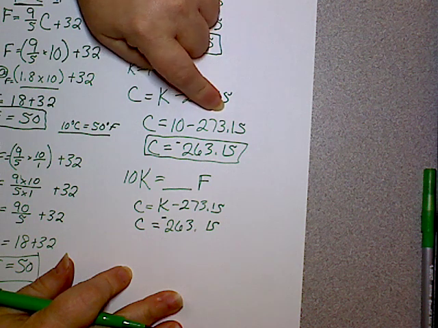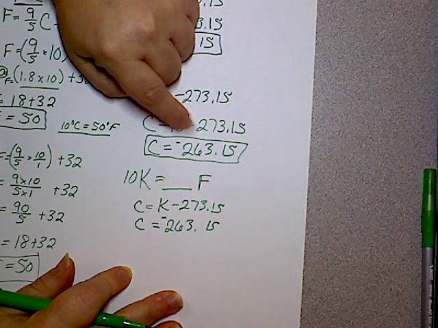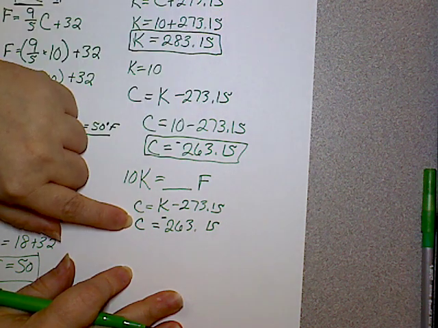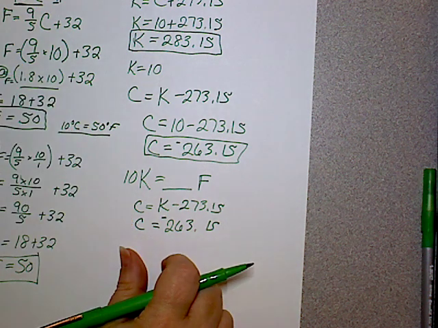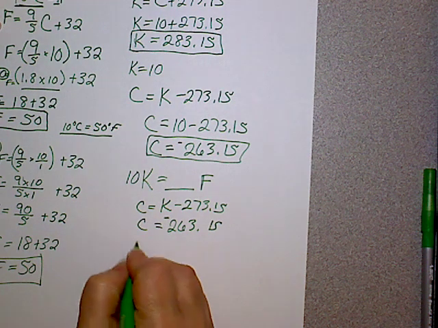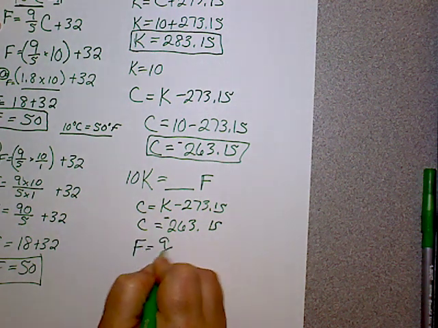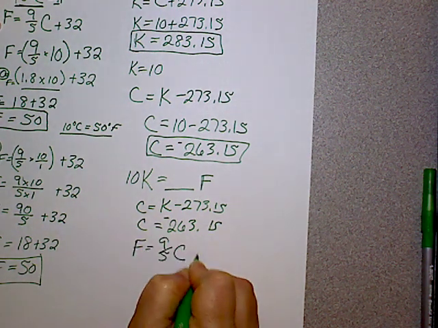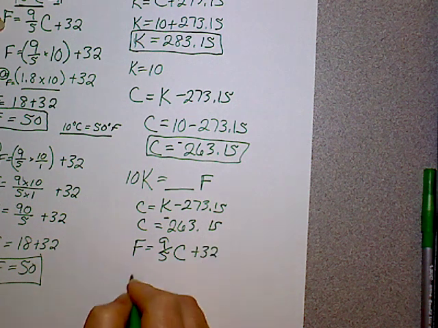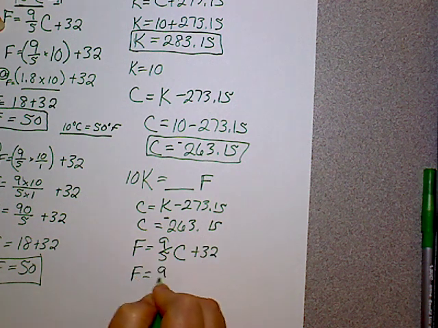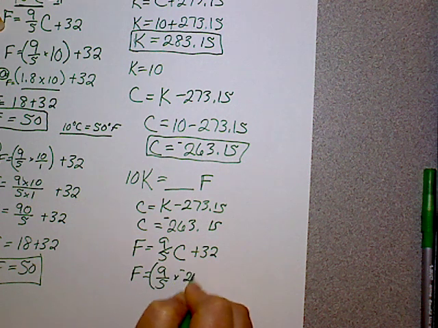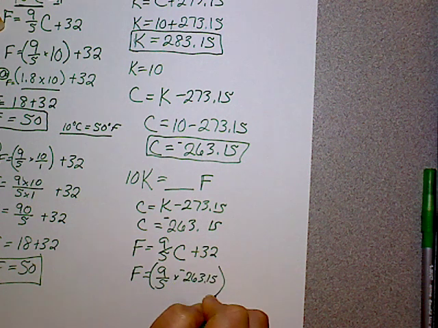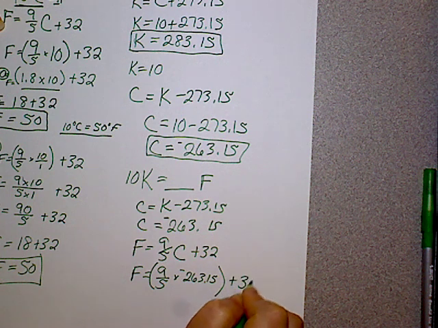Negative 273 plus 10 is negative 263. So we know that C equals negative 263.15. So now we have to do our Fahrenheit equation. F equals 9/5 C plus 32. F equals 9/5 times negative 263.15 plus 32. Remember that this is in parentheses, so you can do that first.